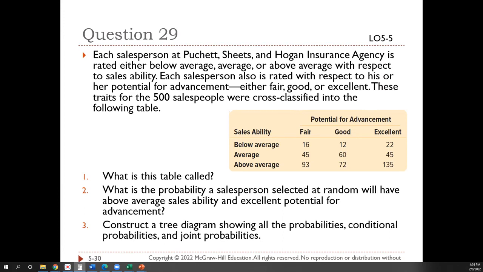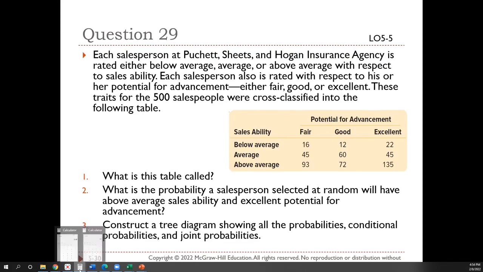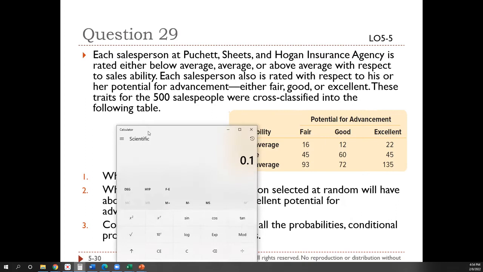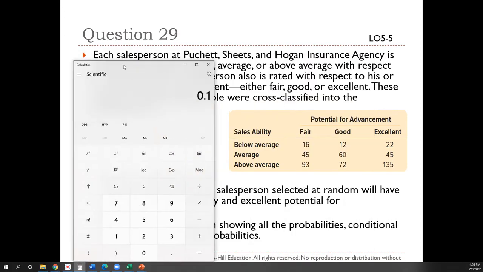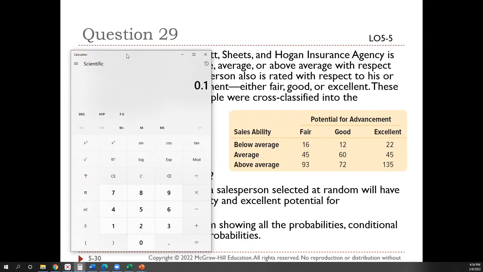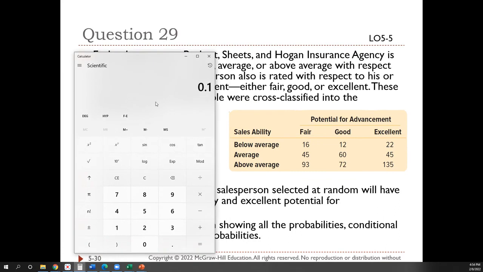So what is the probability? Well, taking our calculator. So we're going to look at the above average sales ability, and we'll have an excellent potential for advancement. So first off, we need to total them up.